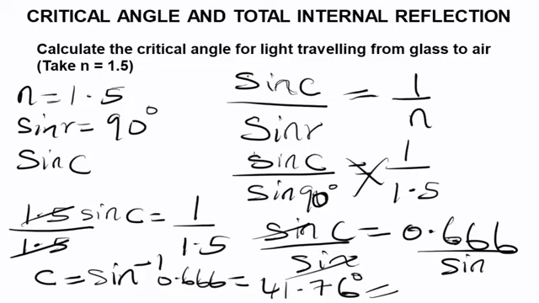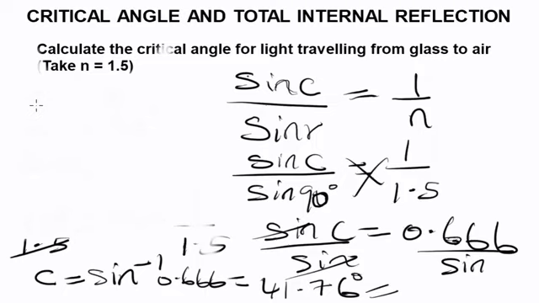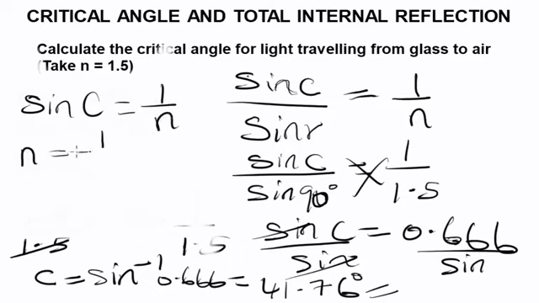Now the relationship between critical angle and refractive index, let me wipe some parts and show you. The relationship is that sine c is the inverse of the refractive index, or the refractive index is the inverse of sine c.